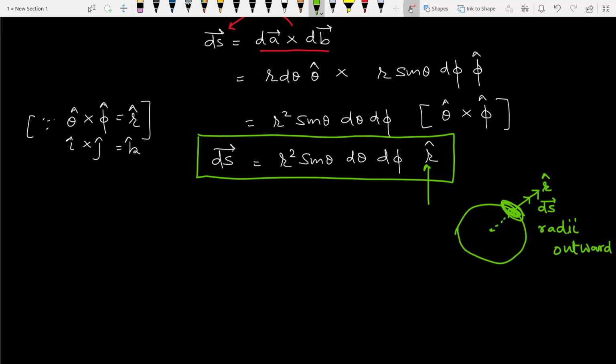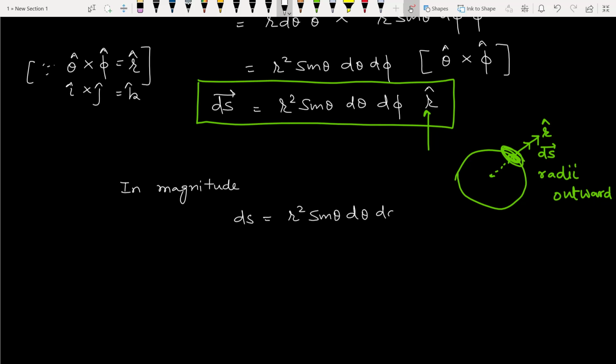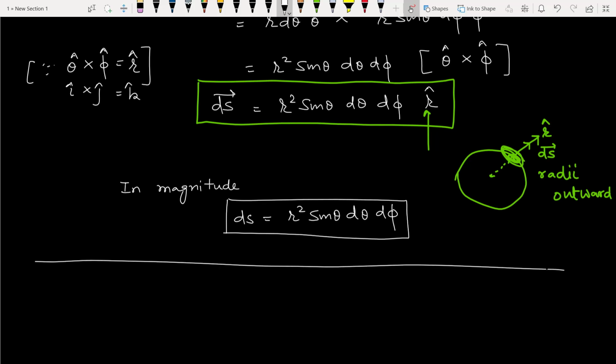You might have studied the direction of the area vector on the surface of a sphere in Gauss theorem in lower classes. It is radially outward. There we used the direct concept, and here we have proved the same. So in magnitude, ds is equal to r square sin theta d theta d phi. This completes the first part.